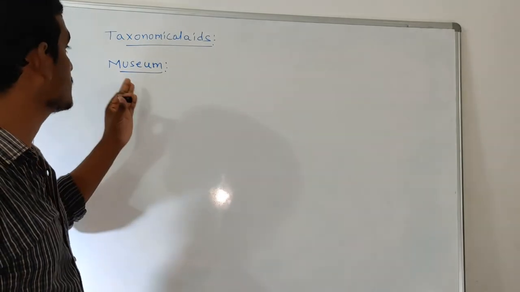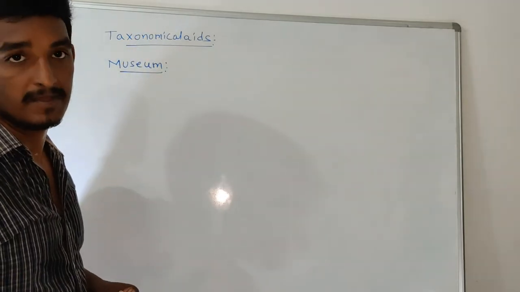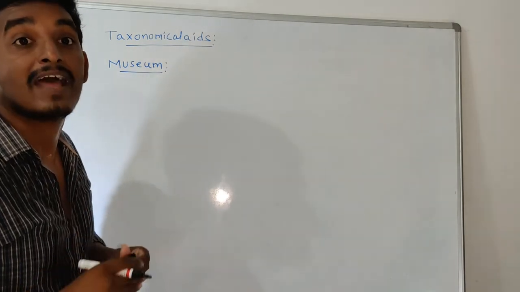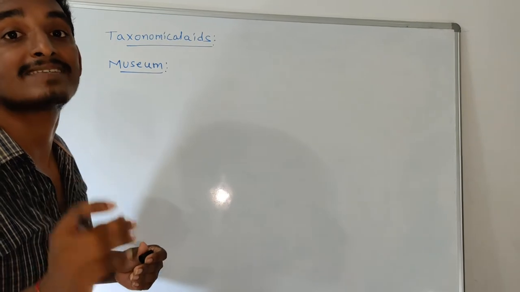So what about a museum? How does it help in taxonomy? A museum is a place used for preservation and exhibition of both plants and animals.